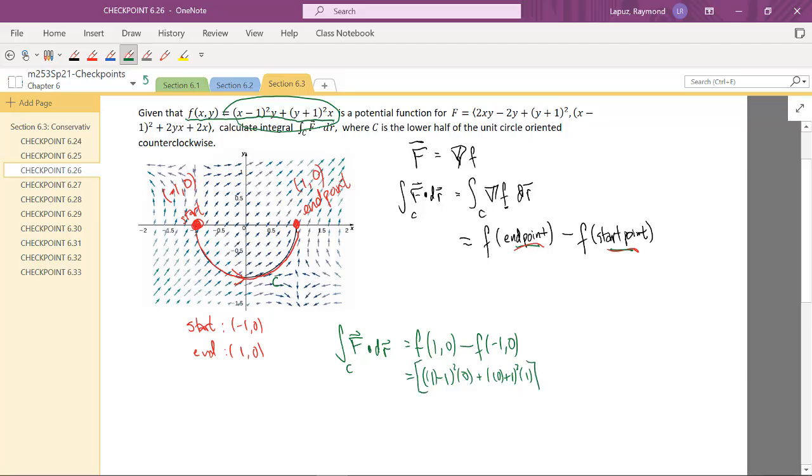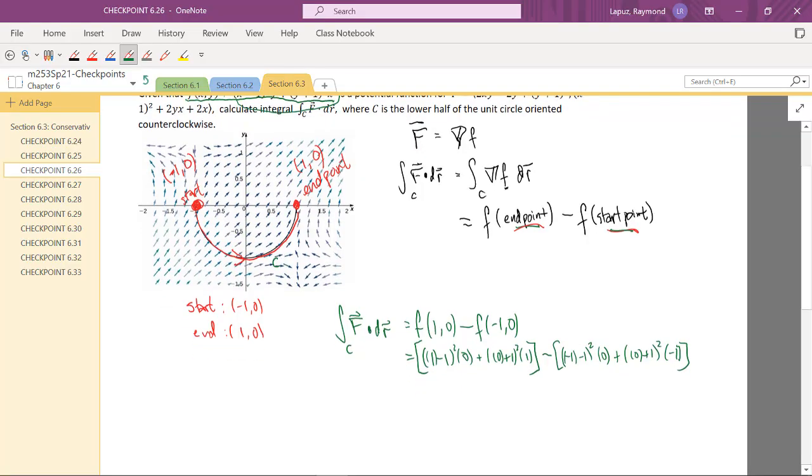So this is your end point, and your start point is going to be an x, which is -1, minus 1 squared times y, which is 0 again, plus y, which is 0, plus 1 squared times x is equal to -1.